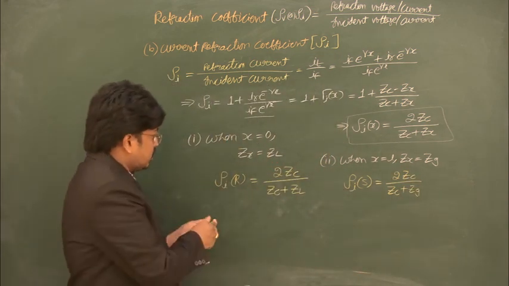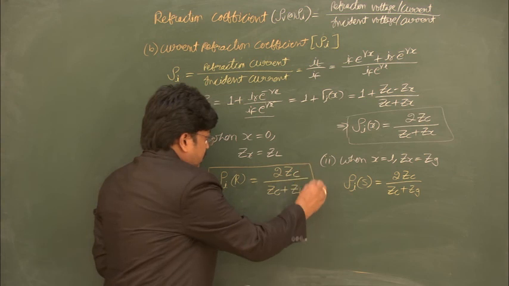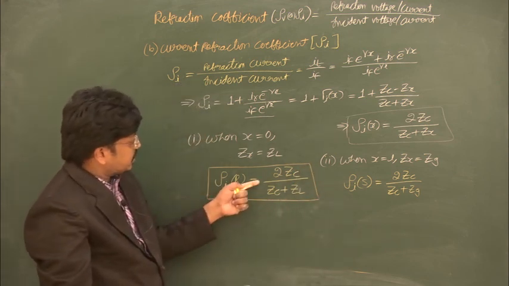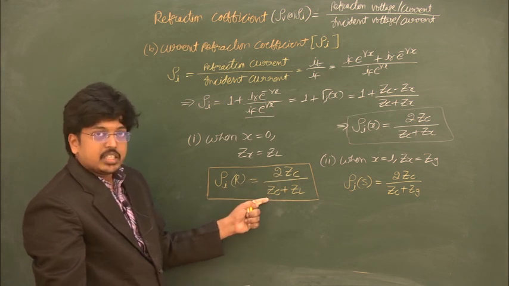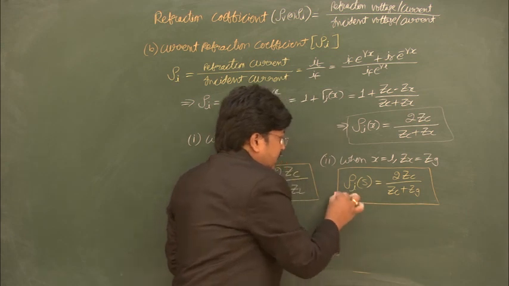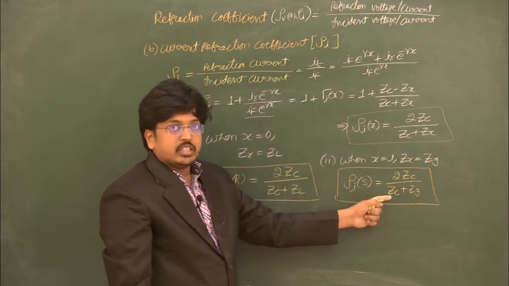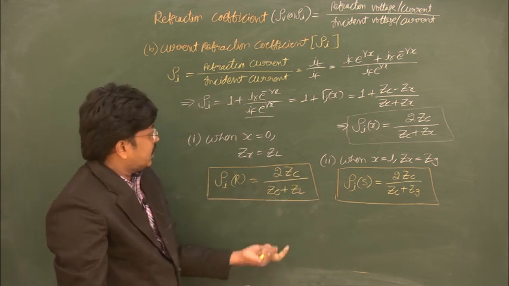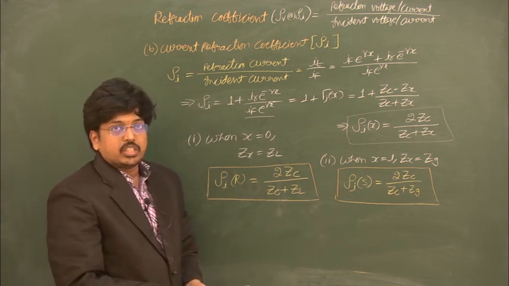Okay. So the current refraction or transmission coefficient at the receiving end side is equal to 2Zc by (Zc plus Zl). Similarly, the current refraction coefficient at the sending end side is equal to 2Zc by (Zc plus Zg). Okay. So these are the current reflection and refraction coefficients.